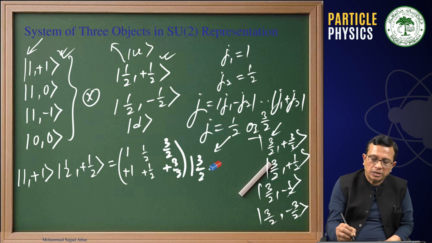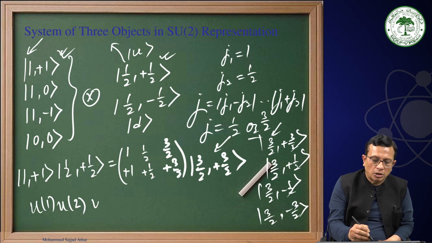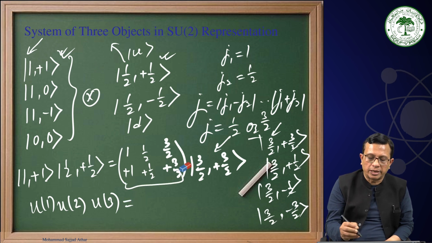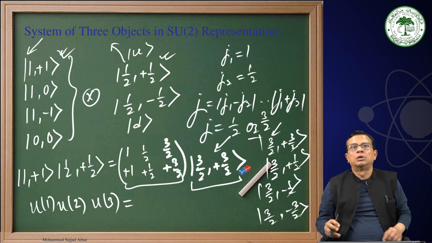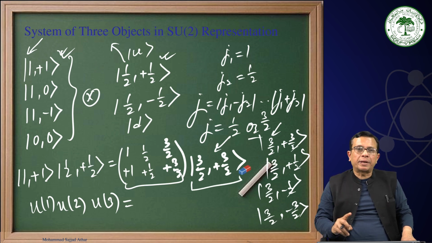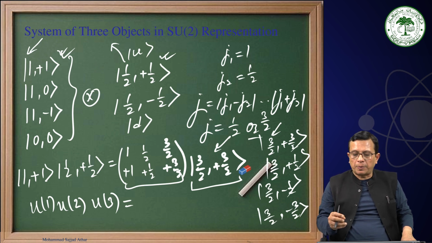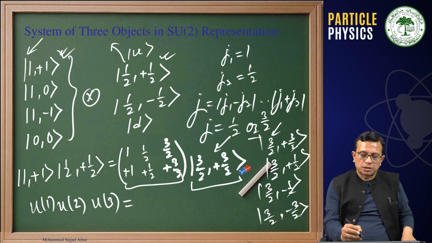Therefore, we have got a 3 by 2 plus 3 by 2 state, and this is nothing but u in state 1, u in state 2, now u in state 3, and this is the Clebsch-Gordan coefficient, whose value is 1, and this 3 by 2 is a particle which has isotopic spin 3 by 2 and whose projection is plus 3 by 2. We have only one particle like that, delta plus plus.